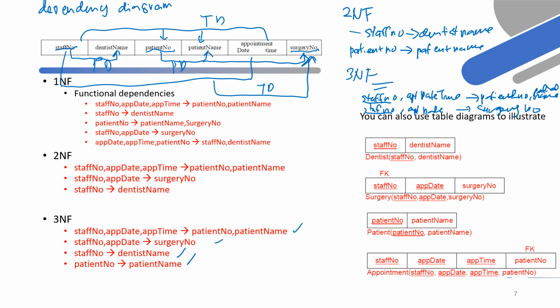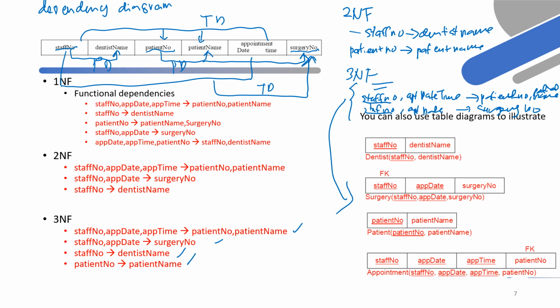So this is my own version, but in the third normal form, we can reach the same solution. We can also use the table diagrams to illustrate the final look of the database. So now we have 4 tables. This can also be illustrated using the diagram.